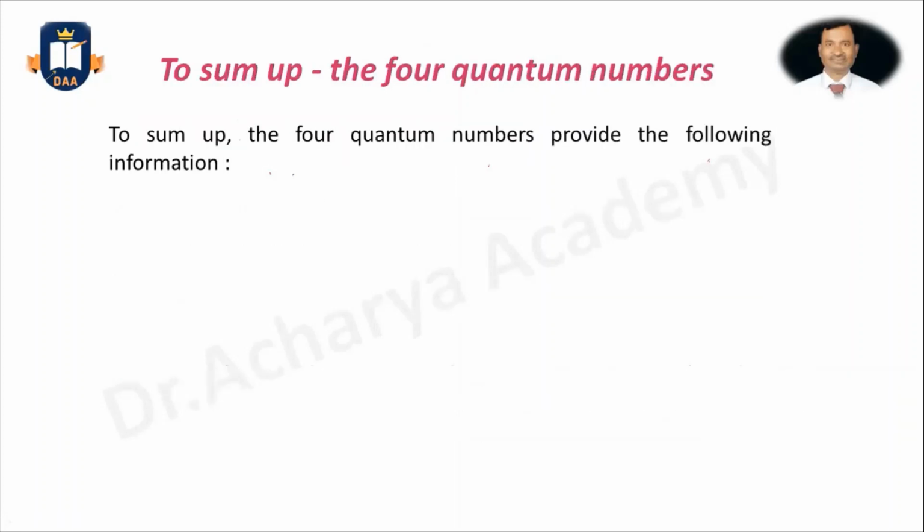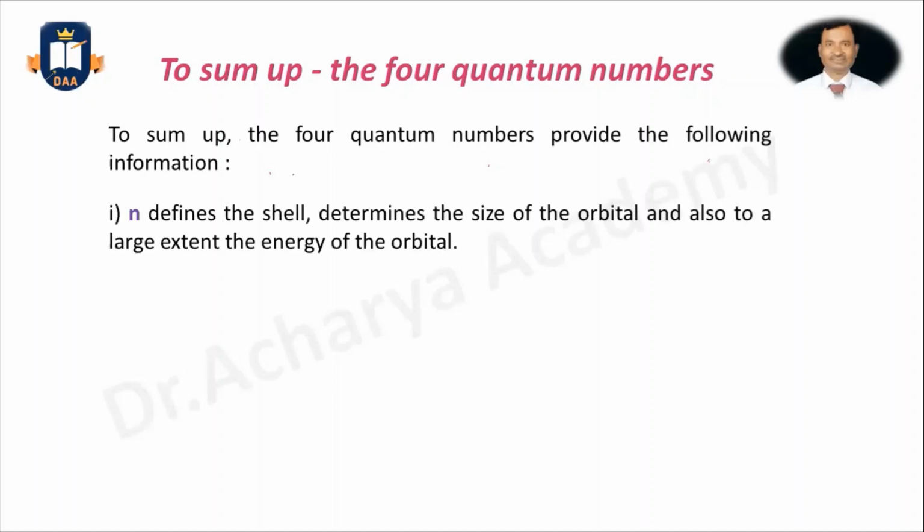So now we'll sum up the whole four quantum numbers, what I described in my classes number 32, 33, and 34. Number one, the principal quantum number n defines the shell, determines the size of the orbital, and also to a large extent the energy of the orbital.